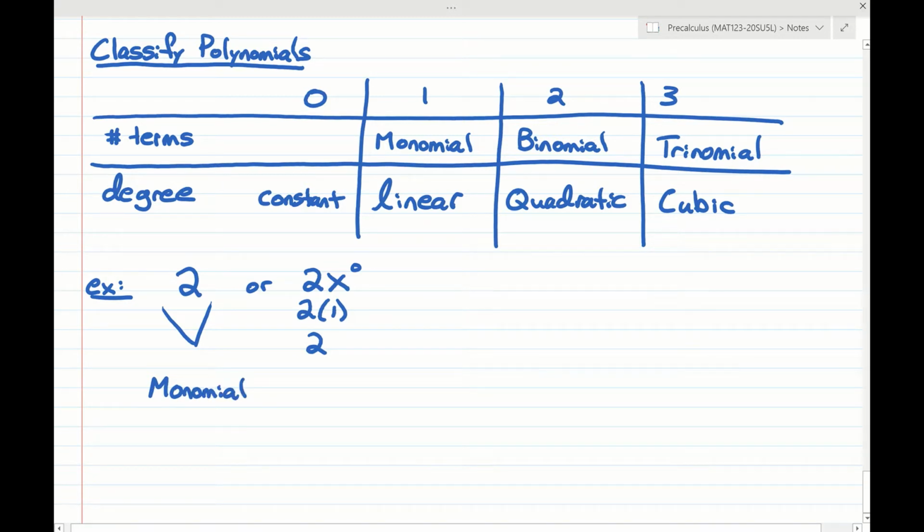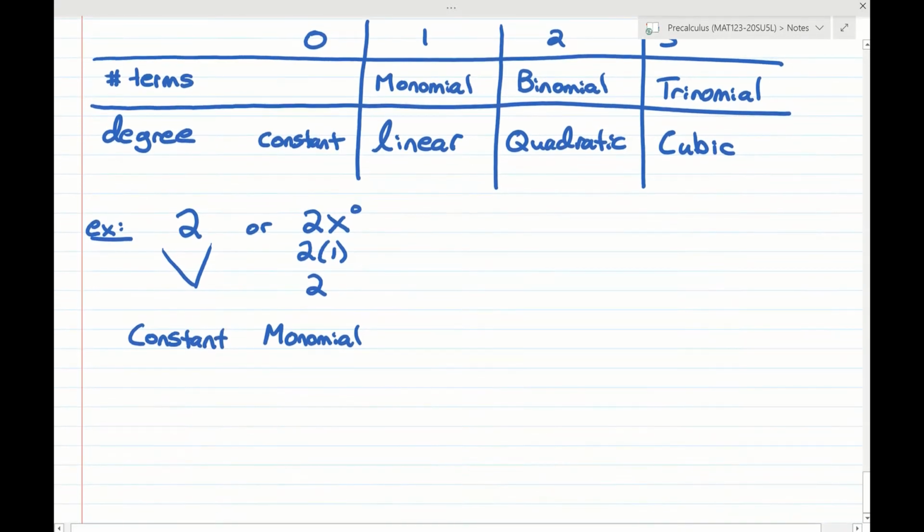But it's actually just a constant. So we could say it's called a constant monomial. Constant because the variable power is 0, and a monomial because it's just one term.